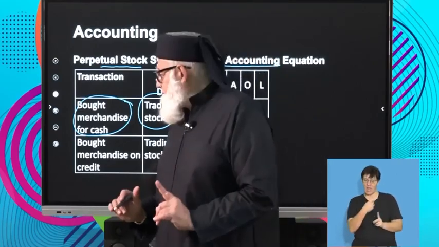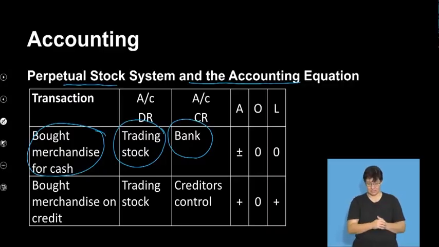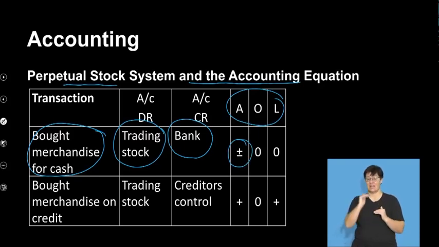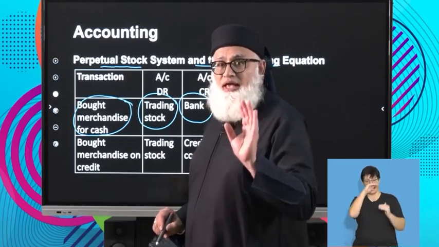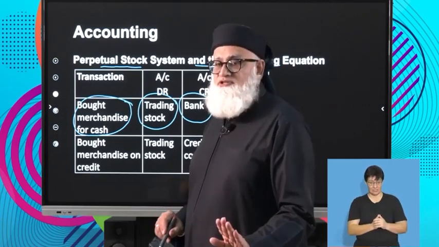So therefore, a debit to trading stock, a credit to bank. Watch my accounting equation: my assets increase as trading stock is increasing, and my assets decrease because bank is decreasing. So that's the perpetual inventory system.